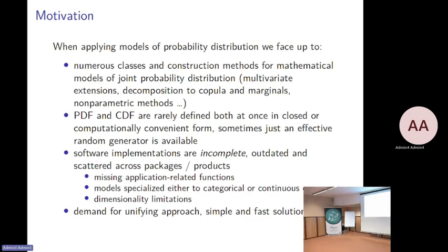So joint probability can be constructed either as an extension or by composition of copula and marginals, and to derive the quantities and also the functions from each model theoretically or algebraically is quite challenging, and it slows down the work, the application.